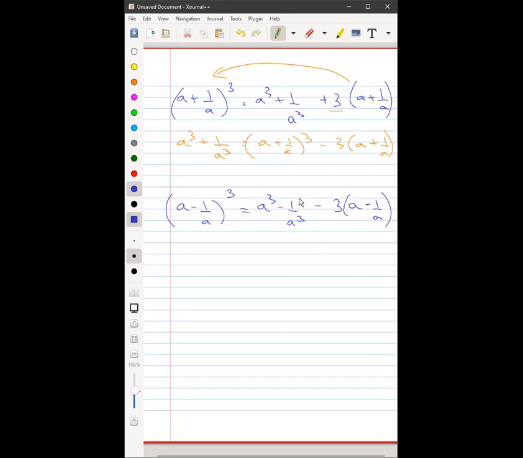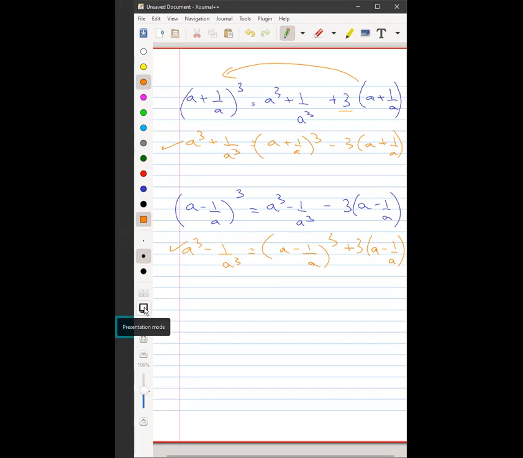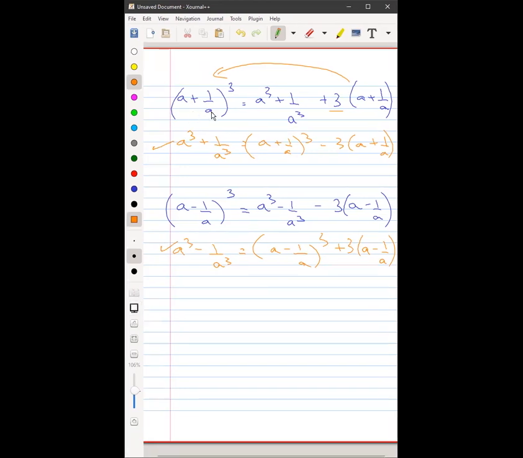Same identity as earlier. Instead of 3ab, it will become 3. So that means a cube minus 1 upon a cube will be (a minus 1 upon a) the whole thing cube plus 3 into (a minus 1 upon a). These identities you should know, all 4 of them in fact. But they can be derived also, so it's pretty easy.